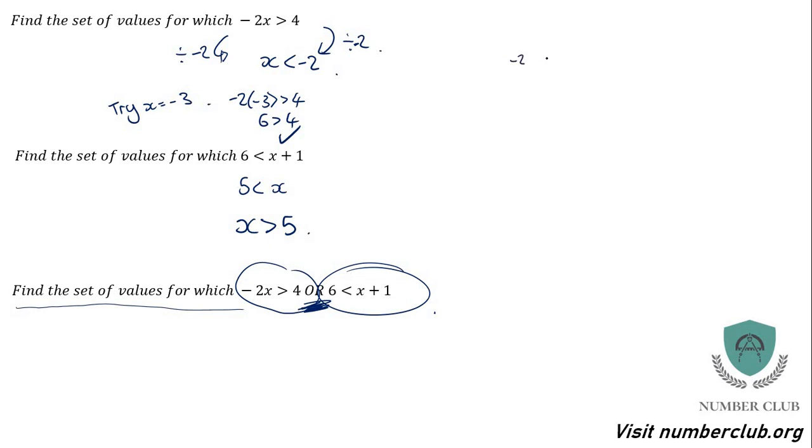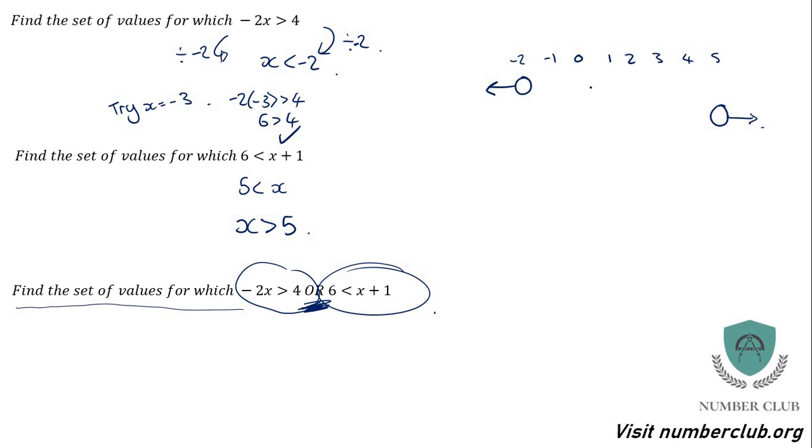So we're going to go from negative 2, negative 1, 0, 1, 2, 3, 4, 5. I'll show you in a second that you don't really need those. x has got to be either less than negative 2 or greater than 5. It's or, so you only need to work once. You don't need to work both times.